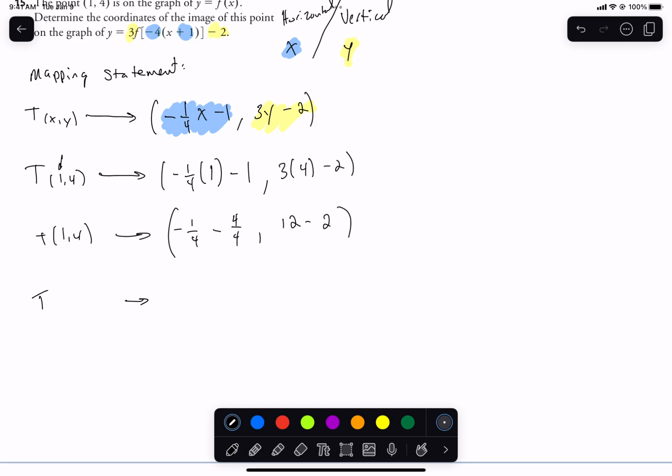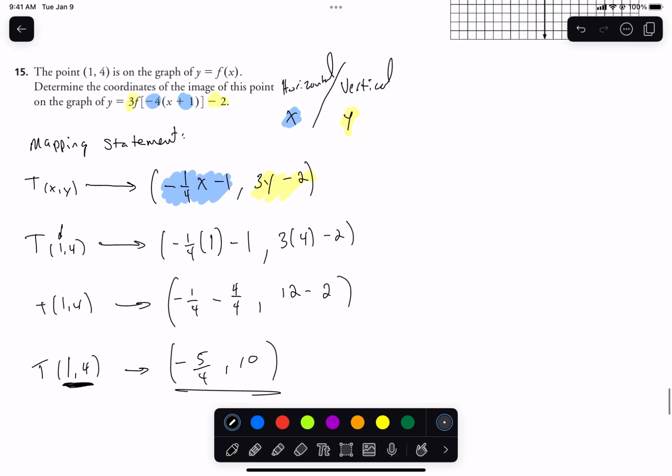All right, transformed point. When I use this mapping statement, or we apply the transformations to this point, we're going to get -5/4 and 10. Okay, so when I apply the transformations to the original point, (1, 4), it spits out -5/4 and 10 as the final transformed point, given the transformations on the function.